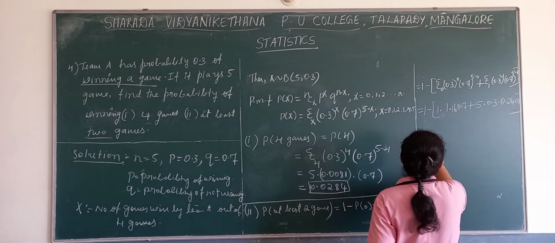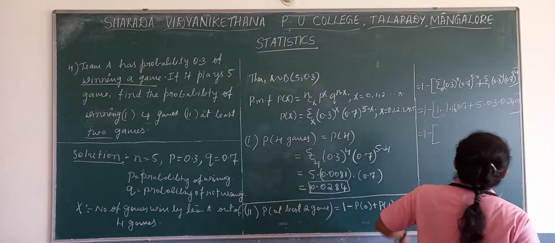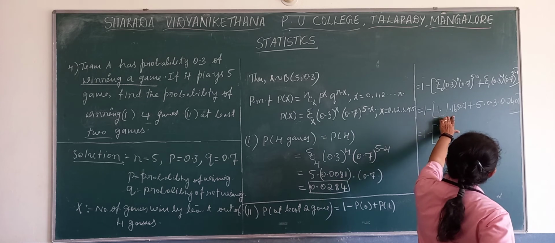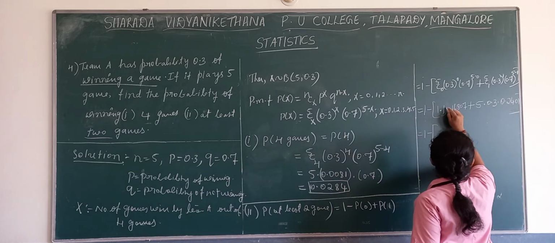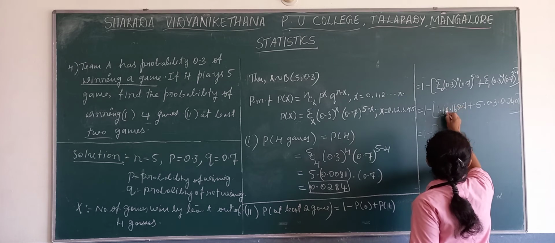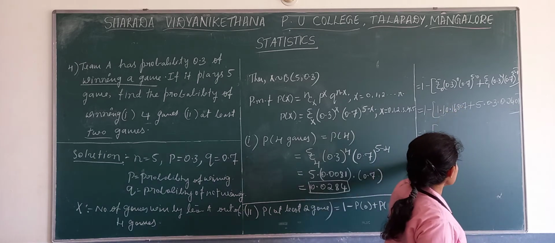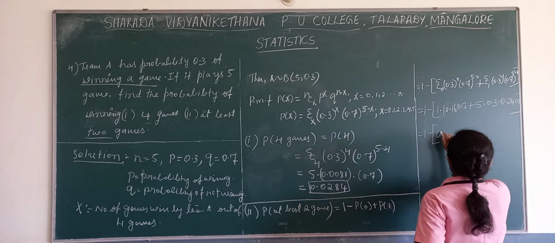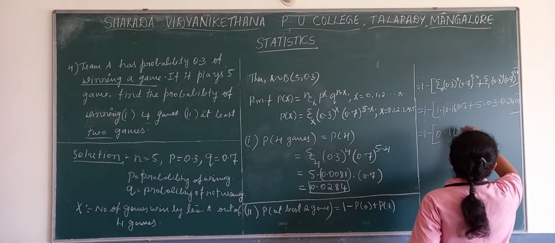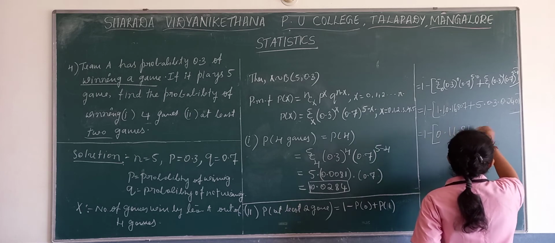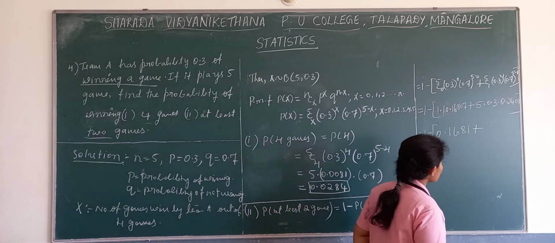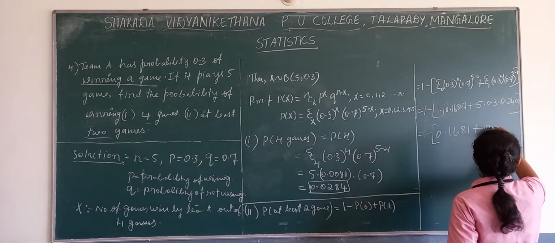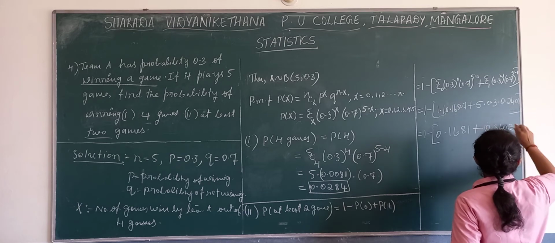Now 1 minus, multiplying 1 into 1 into 0.16807, we get 0.1681, then plus 5 into 0.3 into 0.2401, we get 0.3602.